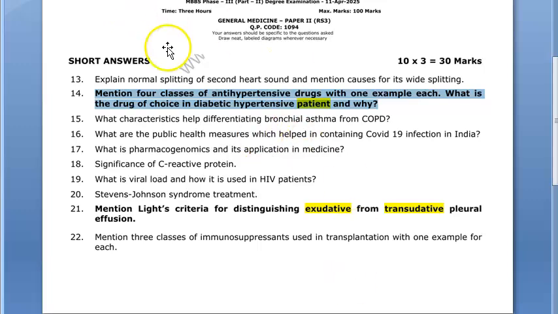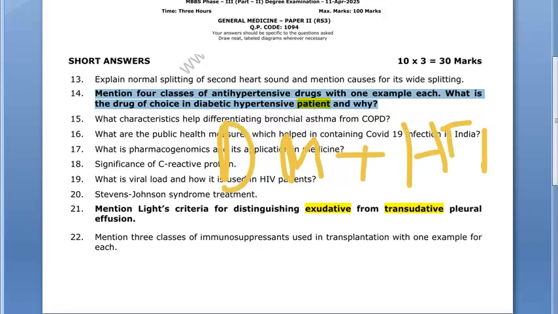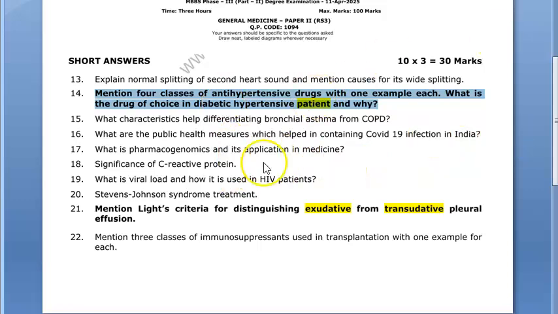So what was the second part of the question, guys? What is the drug of choice in diabetic hypertensive patient and why? So if the patient has diabetes and hypertension, then how will you treat? If the person has diabetes and hypertension, the drug of choice is actually ACE inhibitor. You will write ACE inhibitors are the drug of choice.